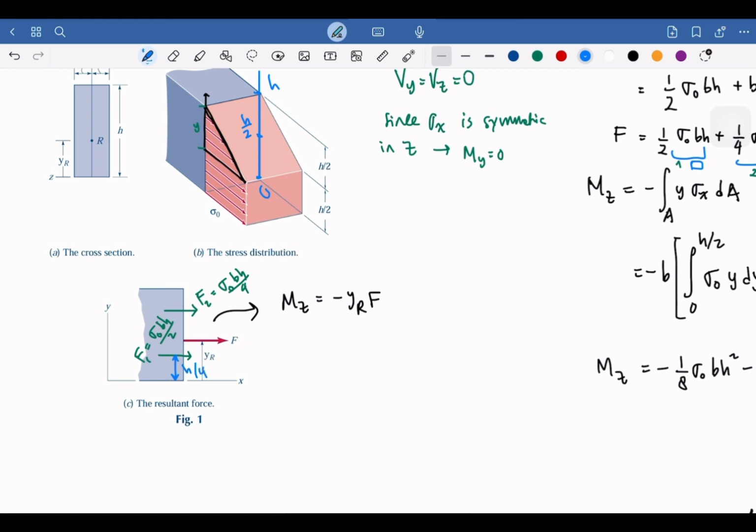And for the triangle, this should be two H over 3. This is H1. Let's say H1 is H over 4. And this is the H.